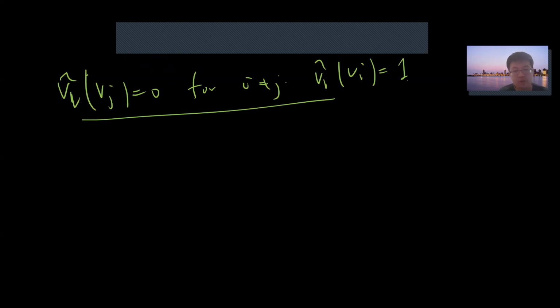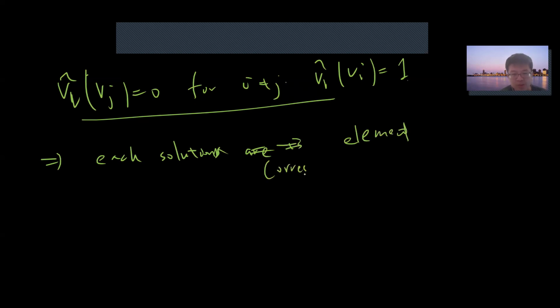So obviously what we show is that when we have a solution to the linear equations, we get an element of AU.